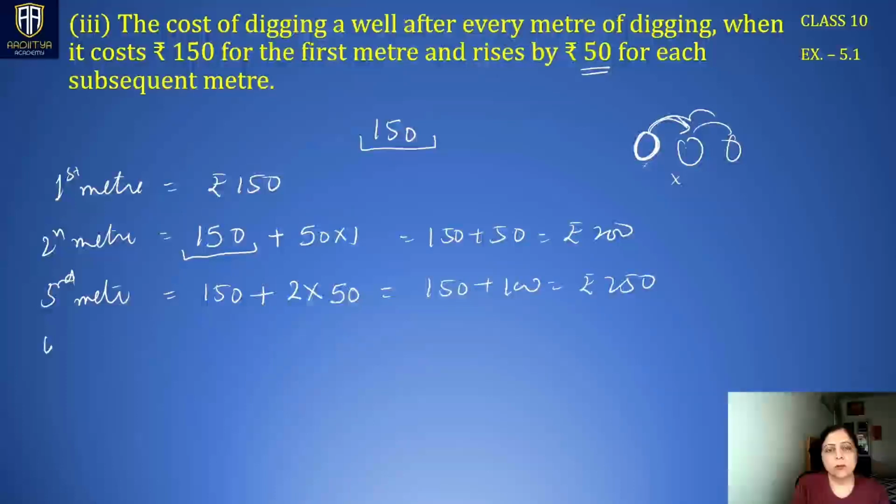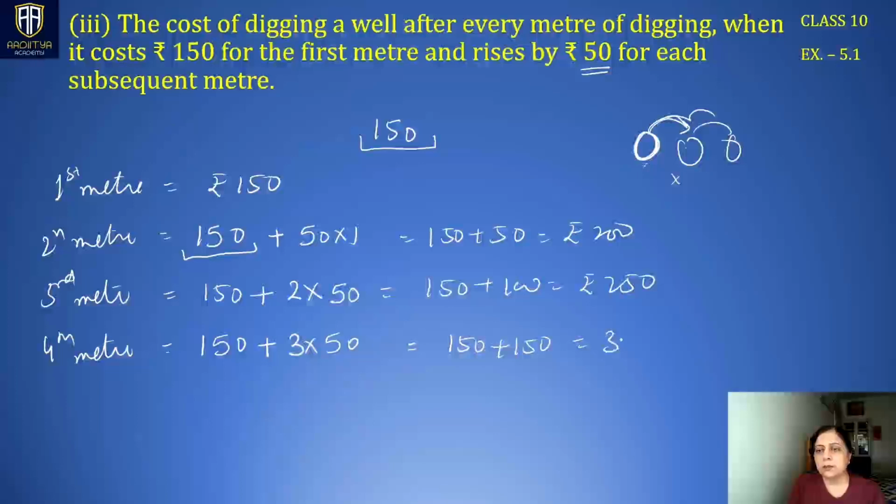And for the fourth meter, the cost of the first meter is 150 and the cost of the rest of the 3 meters is 3 multiplied by 50. So this becomes 150 plus 150, that is 300 rupees. So you can see that the first one is 150. A2 minus A1 is 200 minus 150, that is rupees 50.